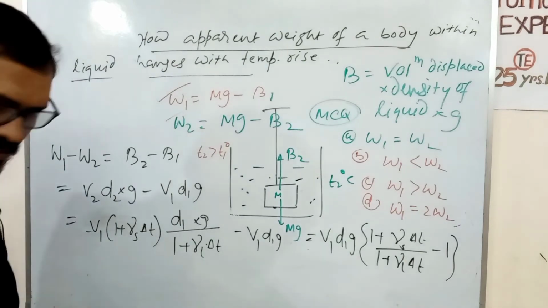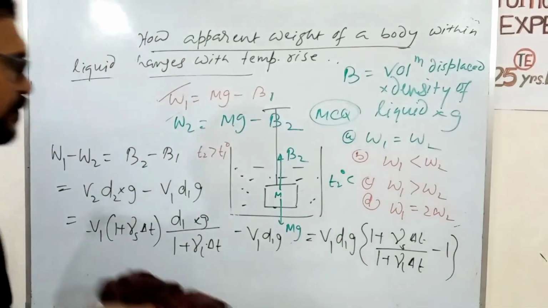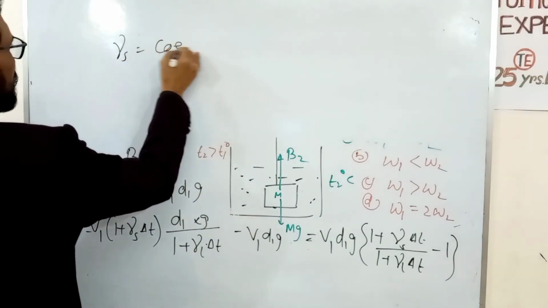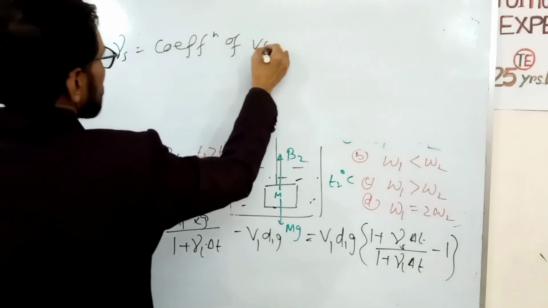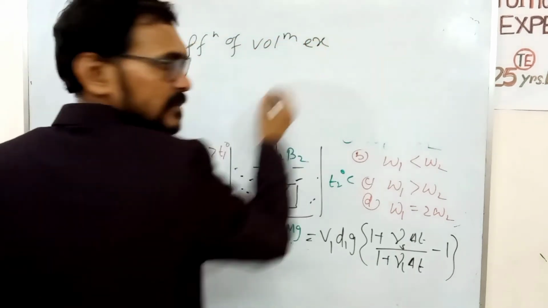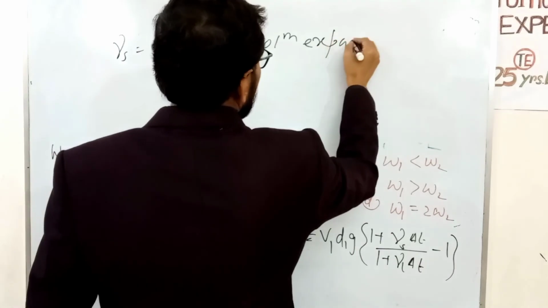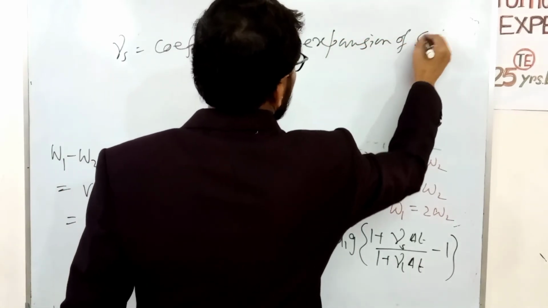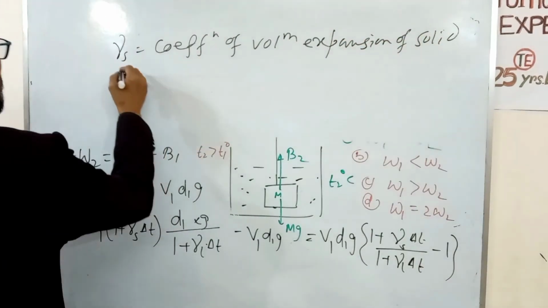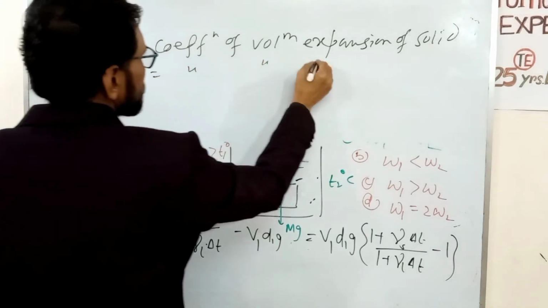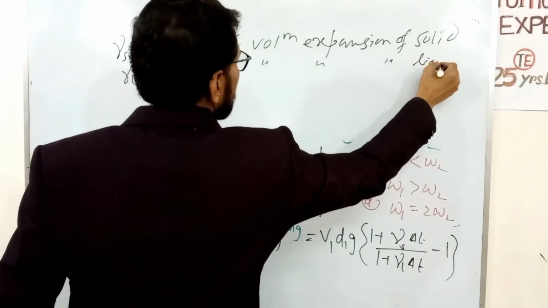Now what is gamma S? Gamma S is the coefficient of volume expansion of the solid, and gamma L is the coefficient of volume expansion of the liquid.